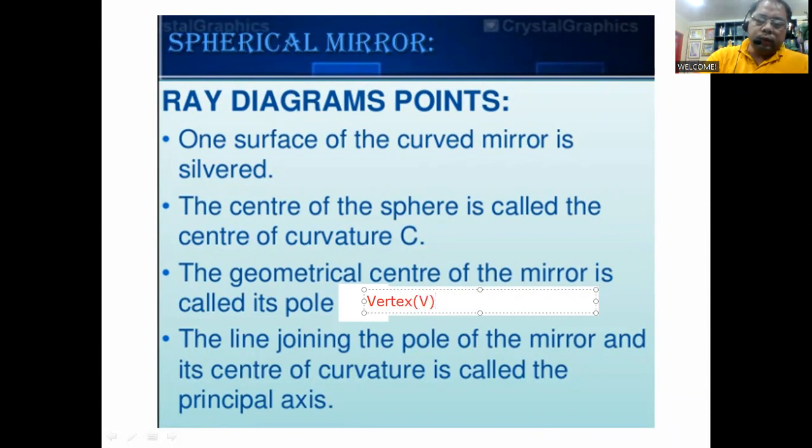But in this example, I think the previous notation was labeled as letter P, but we've used letter P already for the distance of the object from the mirror. But anyway, we will be dealing with some kind of a vertex, a center of curvature, and then maybe an axis where this vertex and center are connected.